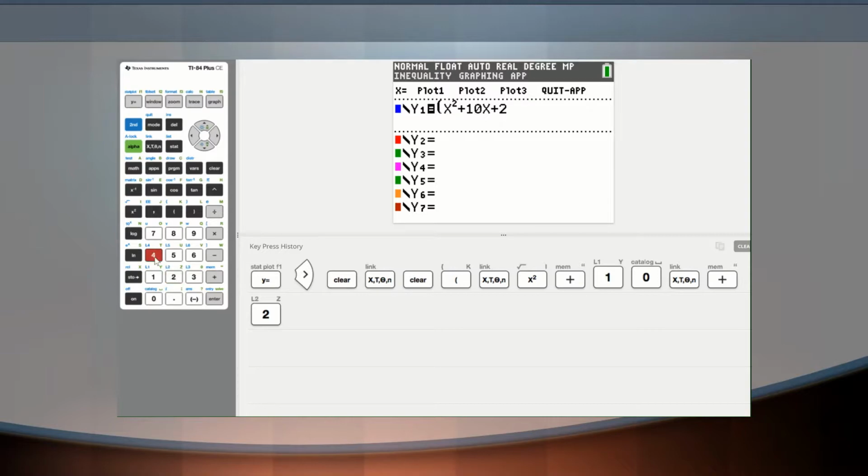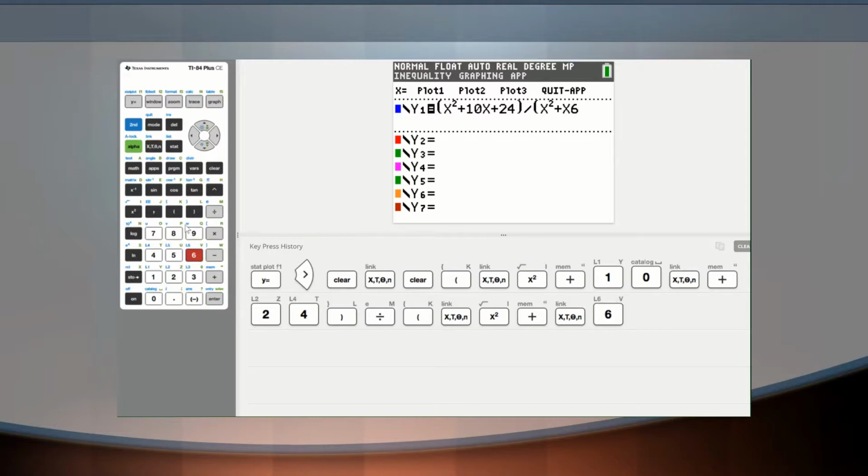Close my parentheses. Hit the division mark and set up another parenthesis: x squared plus x, minus 12. I got on the wrong problem at first, I didn't want that 6. Minus 12. Close my parentheses.